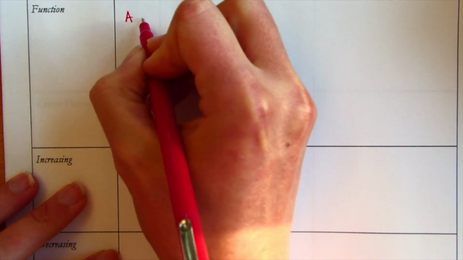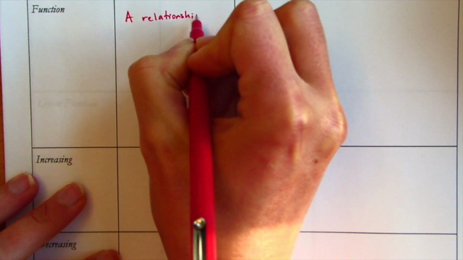So the first term is a function, and a function is a relationship. Usually a relationship between two variables that we call x and y, or input and output.